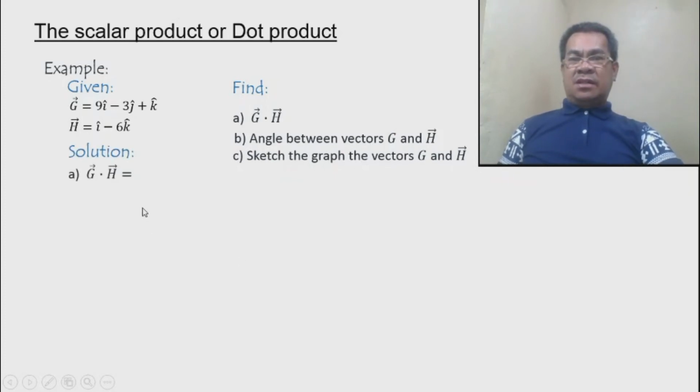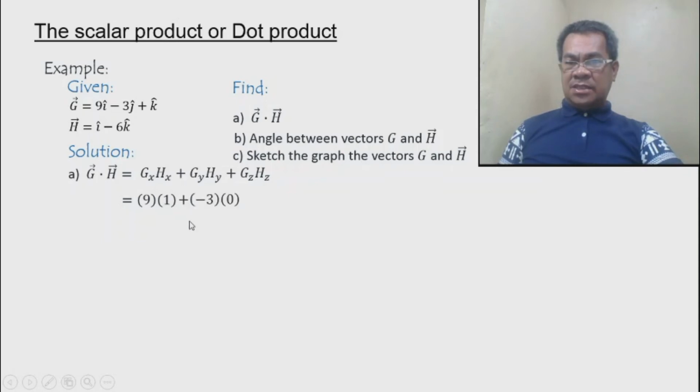The solution is okay because the formula used is in terms of components. So you take the product, okay? You have to multiply this. Remember the formula? The component of z along x and h along x, y, z. So it should be 9 for the x component, and this is 1, so 9 times 1.